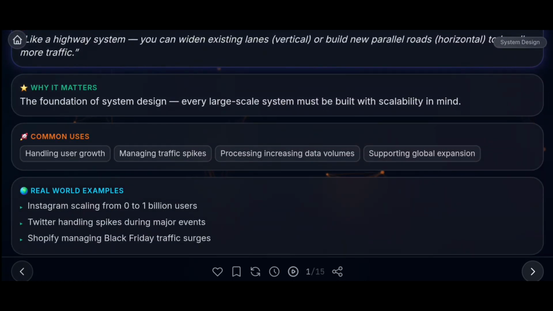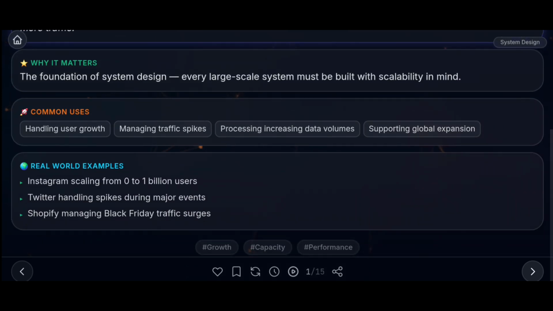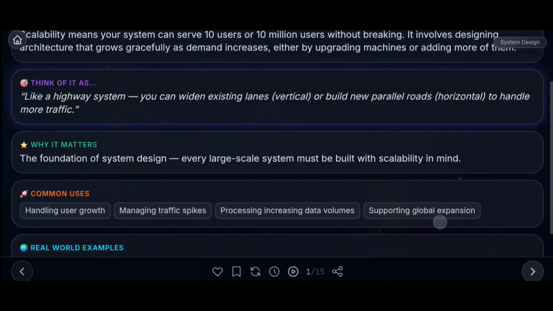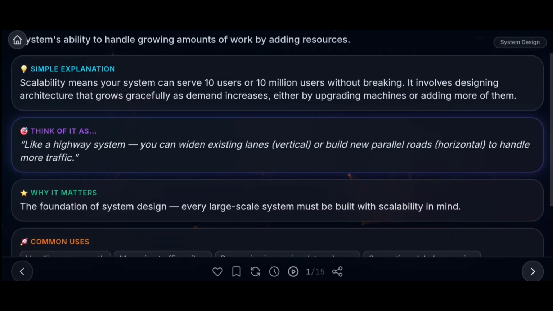Common uses are handling user growth, managing traffic spikes, processing increasing data volumes, and supporting global expansion. Some real world examples are Instagram scaling from 0 to 1 million users, then 1 billion users; Twitter handling spikes during major events; Shopify managing Black Friday traffic surges. To handle these kinds of traffic, the system should be in a position to handle them.